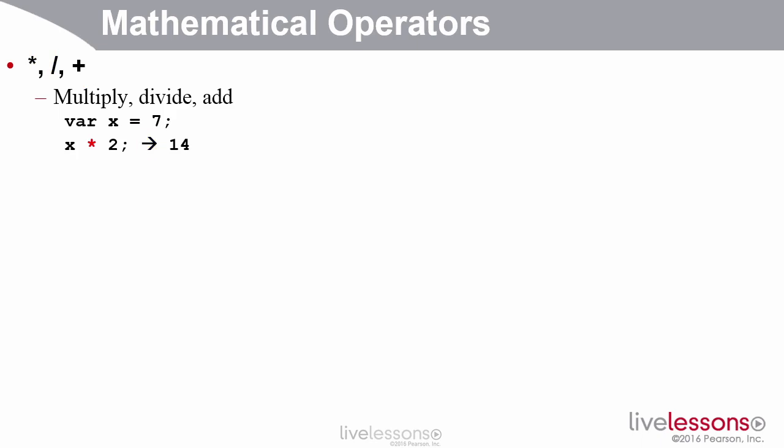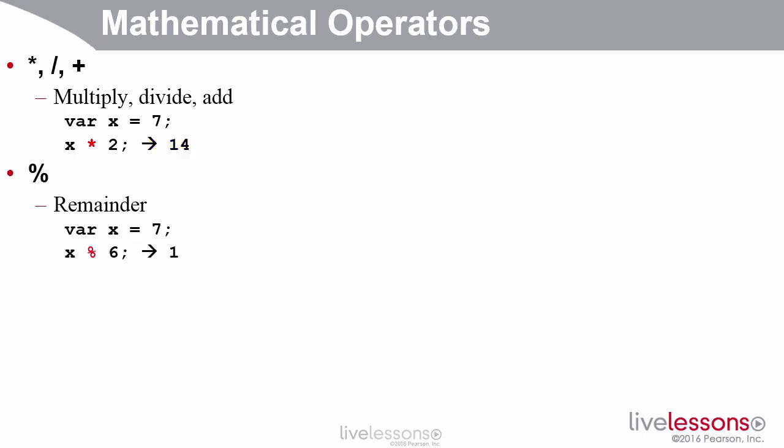So if I define a variable whose value is 7, and then I compute that variable times 2, the value that gets returned by JavaScript, in other words, the value you would see on the next line in the Firebug console, is 14. And I'll use that convention consistently throughout the lectures, where the arrow is not something that actually prints out. It just means that's what the return value is.